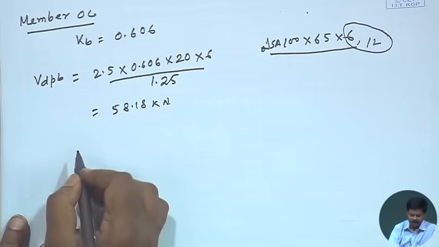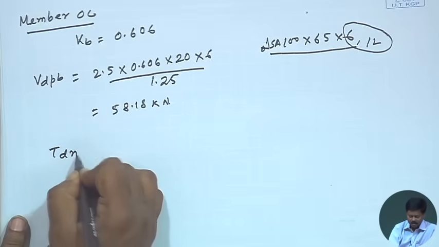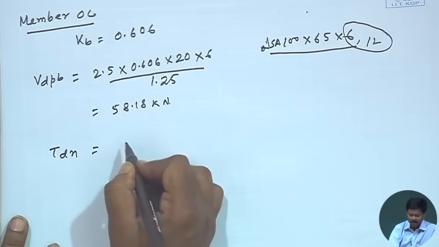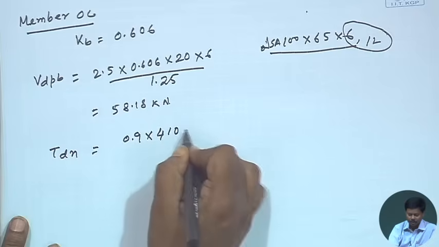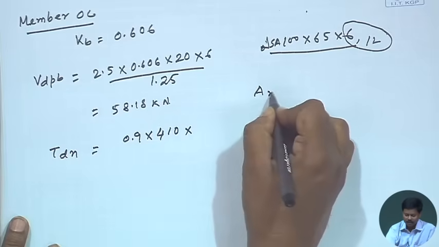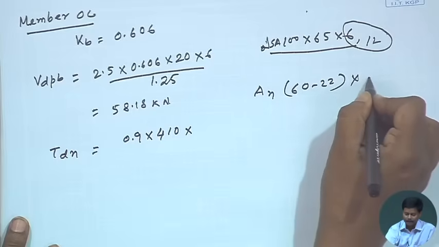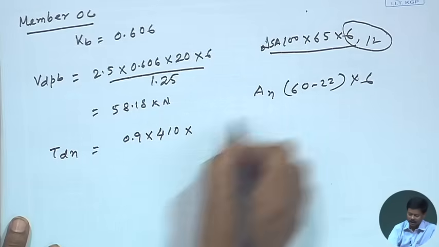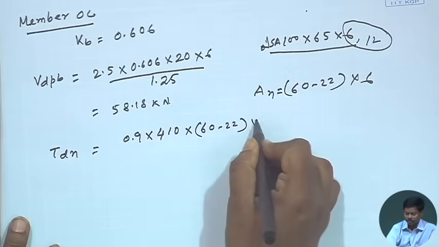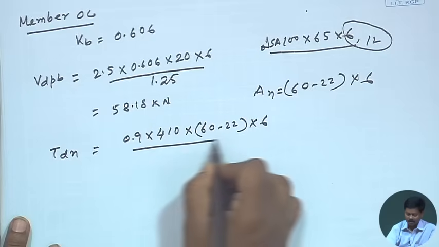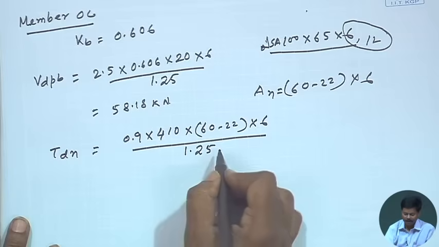And similarly, I can find out the strength of angle per pitch length, that is due to tension. I can find out Tdn as 0.9 into fu, fu is 410, into An. Here An per pitch length will be 60 minus 22 into the thickness of the angle, by gamma m1, sorry.